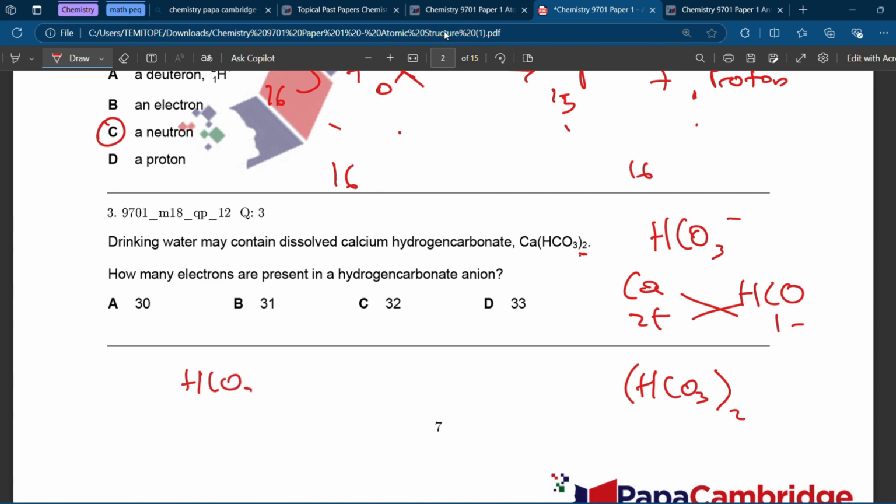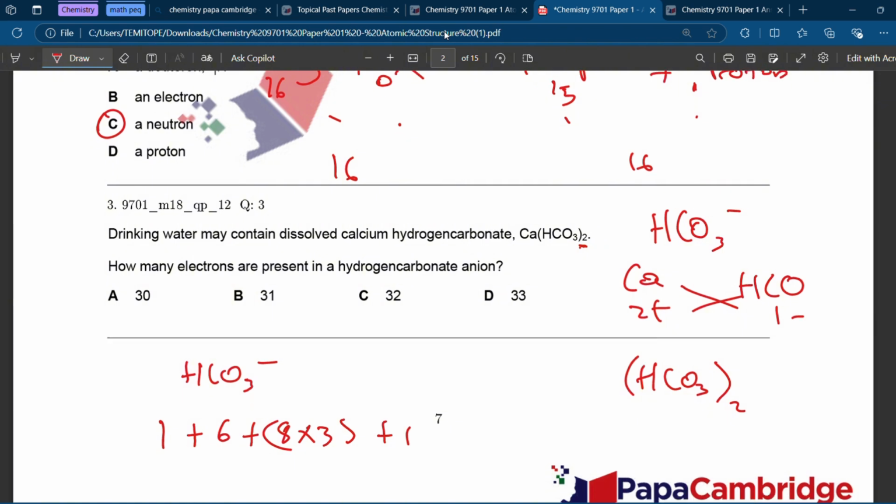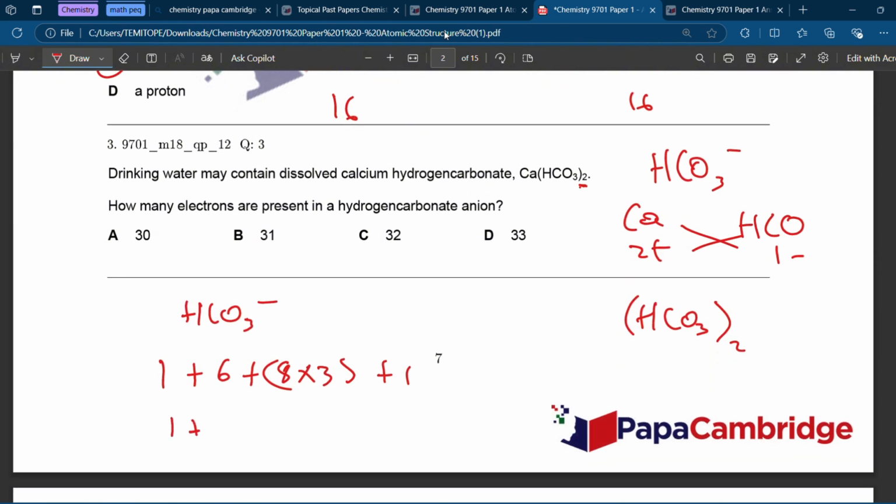Now how many electrons are in that? For that, we look at HCO3 and go to the periodic table. By the way, it's an anion, so it's going to have gained 1 electron. We know hydrogen is 1, carbon is 6, and oxygen is 8 times 3, and then it's gaining 1 electron.